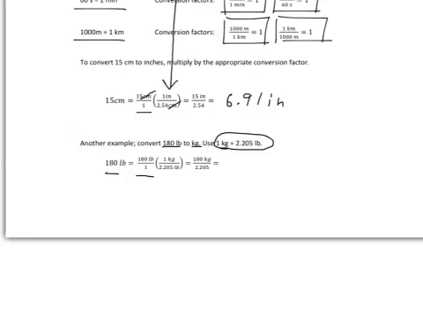And then I use a conversion factor that has 2.205 pounds in the denominator, because that's the unit I want to cancel, and 1 kilogram in the numerator. And pounds cancels, and I get 180 kilograms divided by 2.205, which equals 81.63 kilograms.